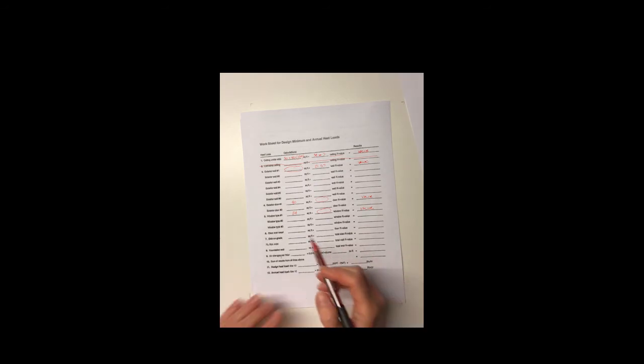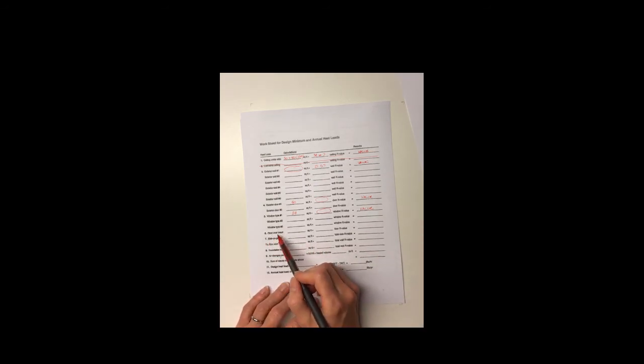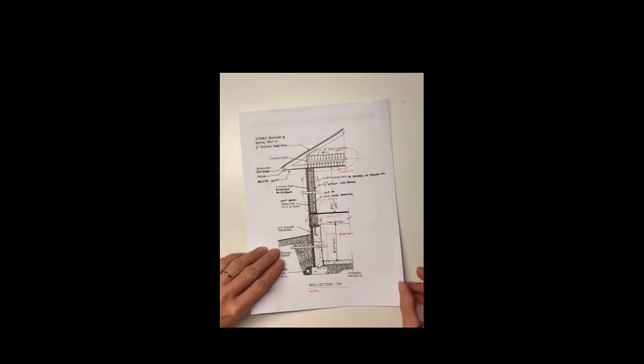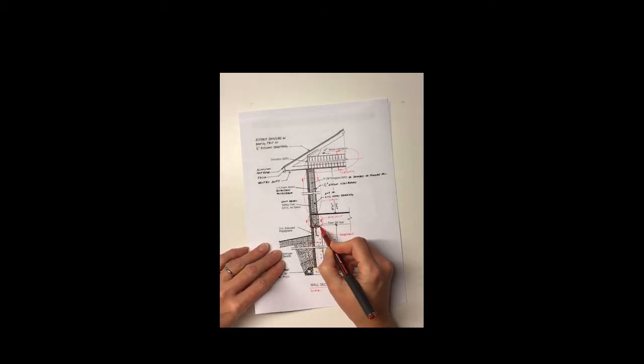We do not have a floor over a crawl space or a slab on grade. We do have a rim joist condition. And so for the rim joist, it is this band that runs all the way around the perimeter, which in our case is this zone right here.